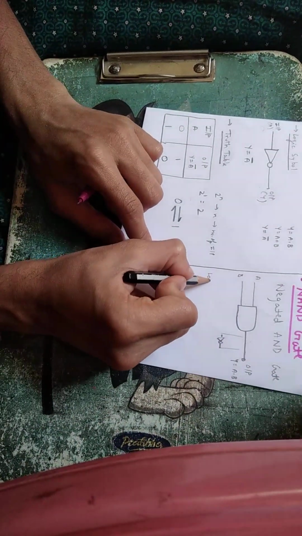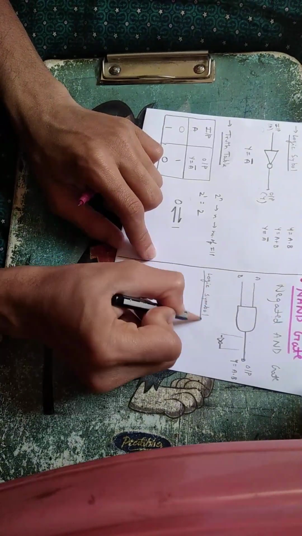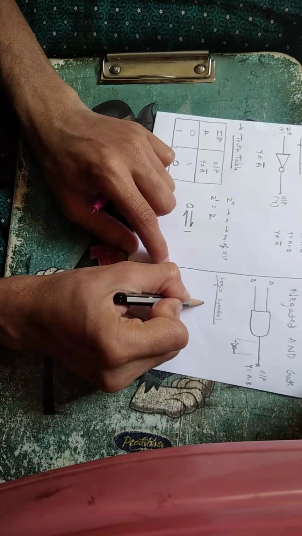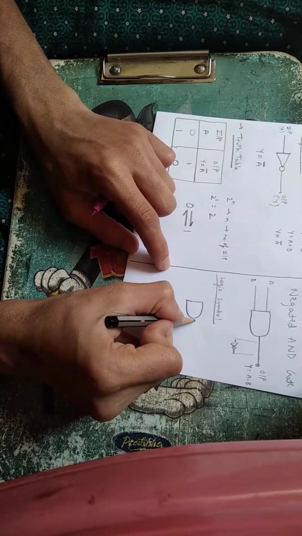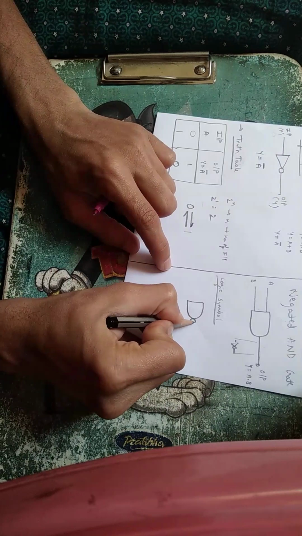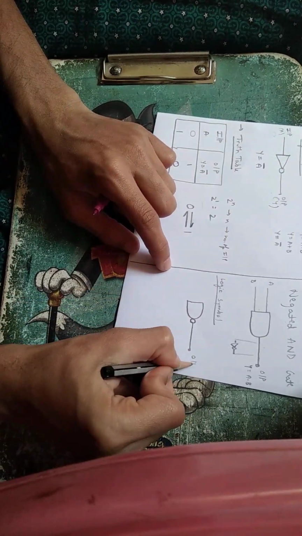So the logic symbol of the NAND gate is like a D. This NOT gate is not shown actually. At the tip there is just a bubble which represents inversion, and everything else is the same.